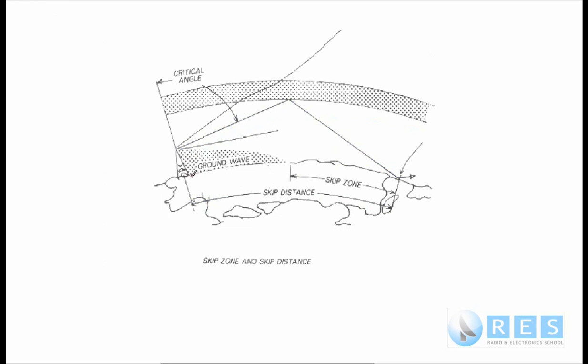The area between the end of the ground wave, which is here, and where the sky wave first returns to Earth is called the skip zone. You're highly likely to get questions about skip distance and skip zone.